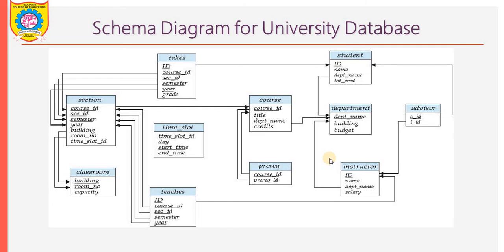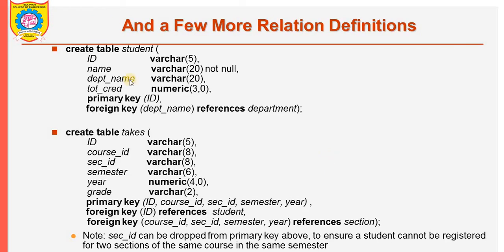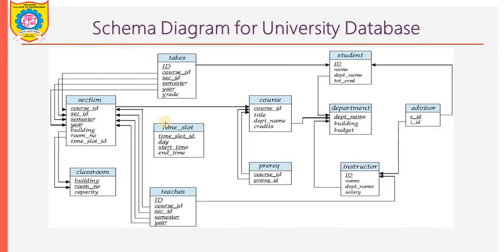Let us see a few more examples, starting with create table student. The student table has ID as a primary key, and four columns: ID, name, department name and total credit.